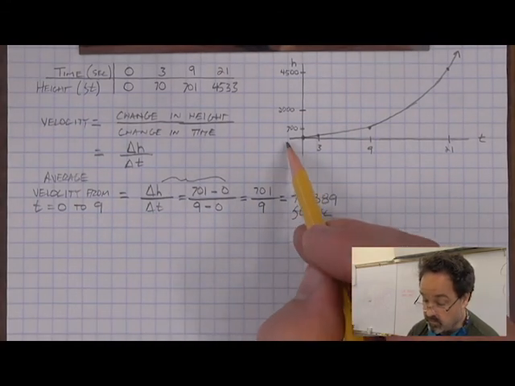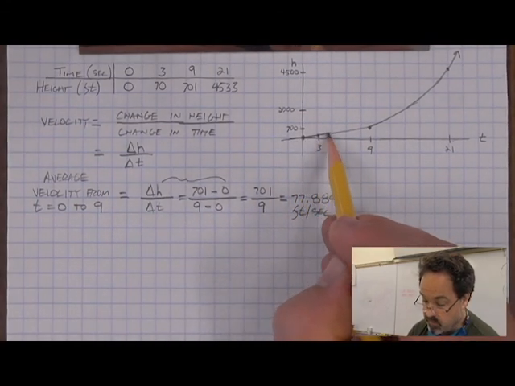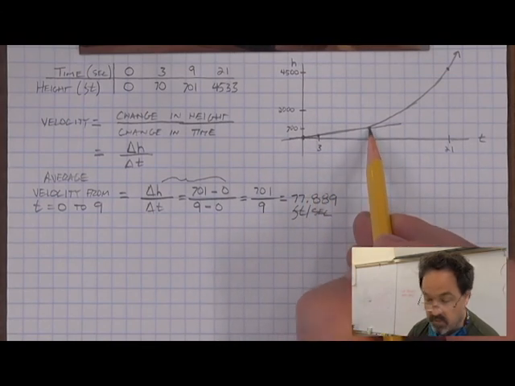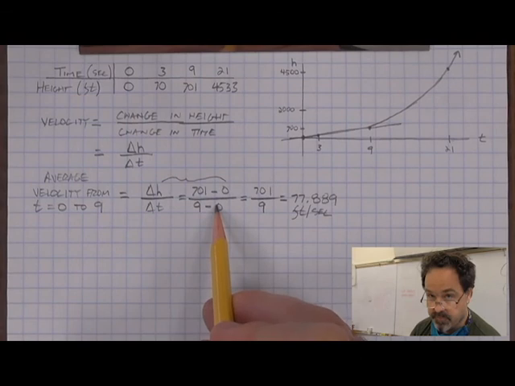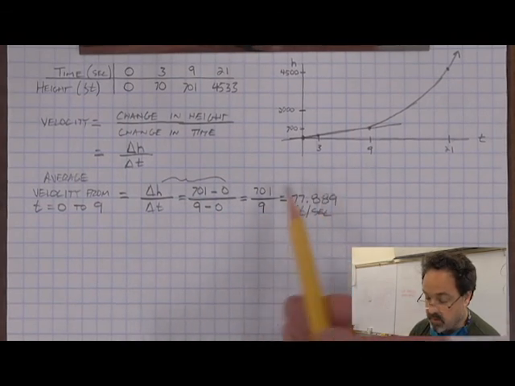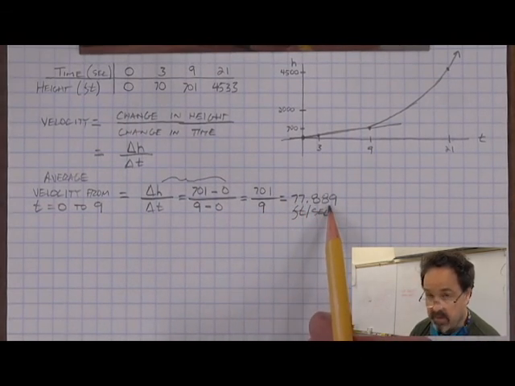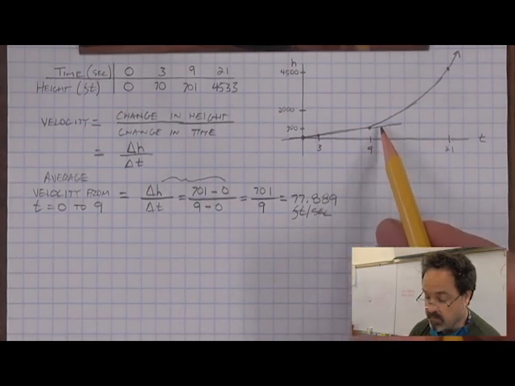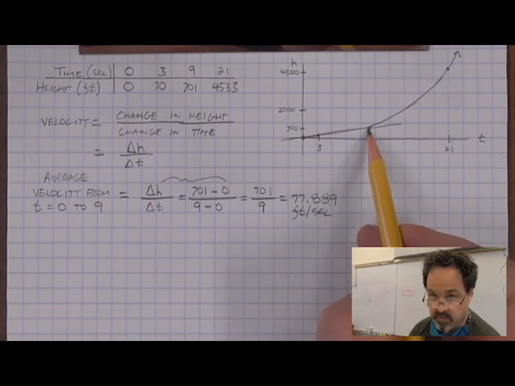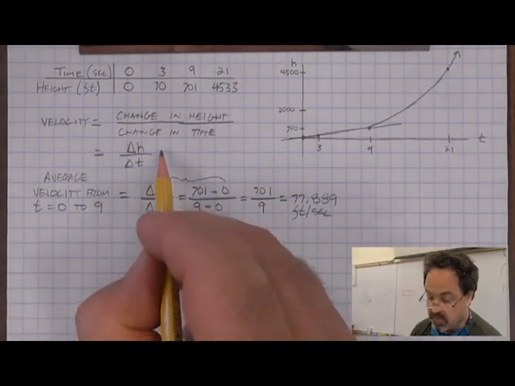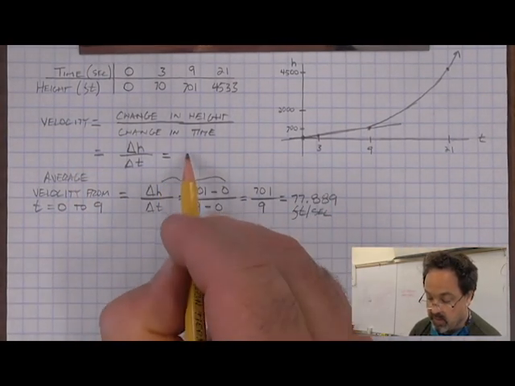This is the slope of the line between the 2 points that we selected. Again, this is a slope calculation, and the 77.889 is the slope of the line between the 2 points that we selected for this average velocity. Velocity is a slope.